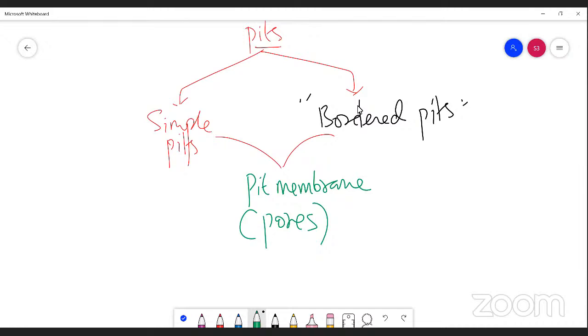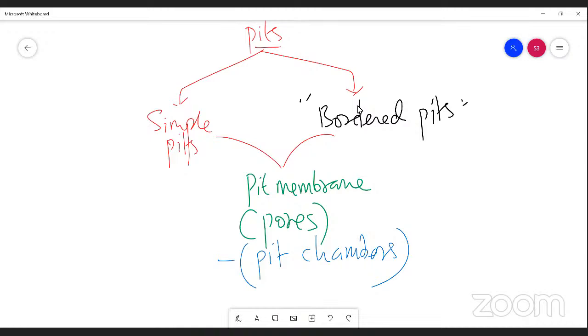This is a pit membrane, and it is also associated with the pit chamber. Pit chambers are also present. So that is the nature of a plasmodesmata.